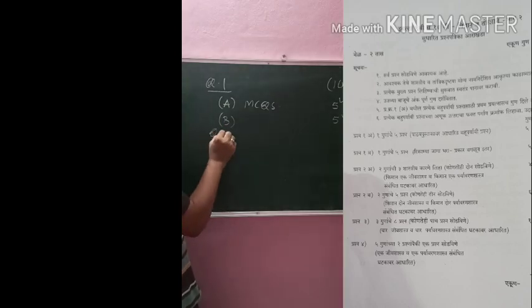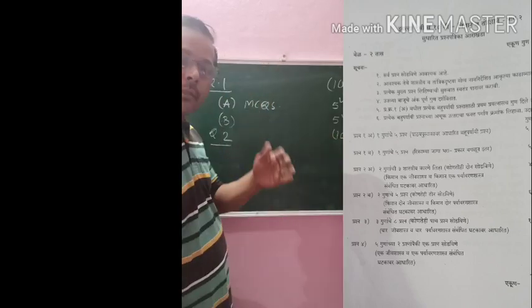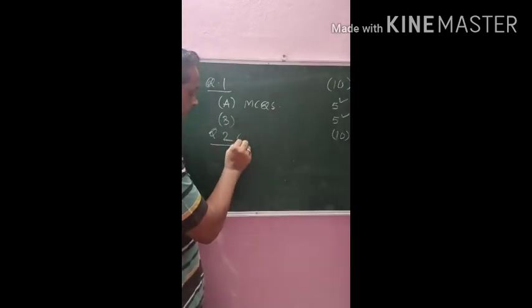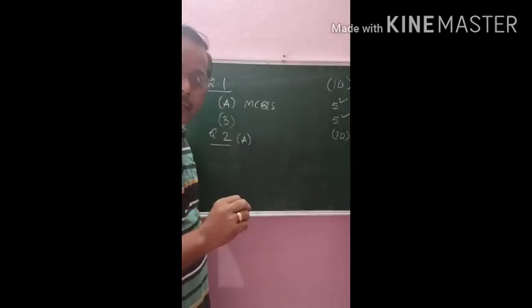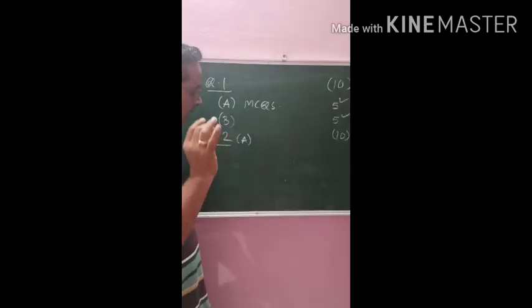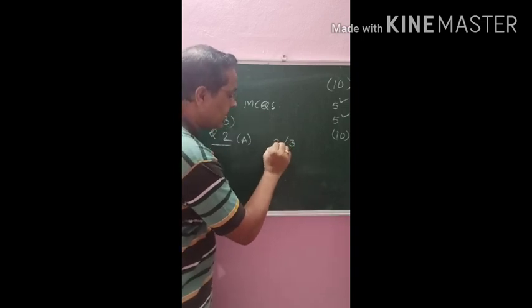Question number 2 is also for 10 marks. Question number 2A is nothing but scientific reasons. It is specially for scientific reasons, and out of 3 we have to solve any 2.